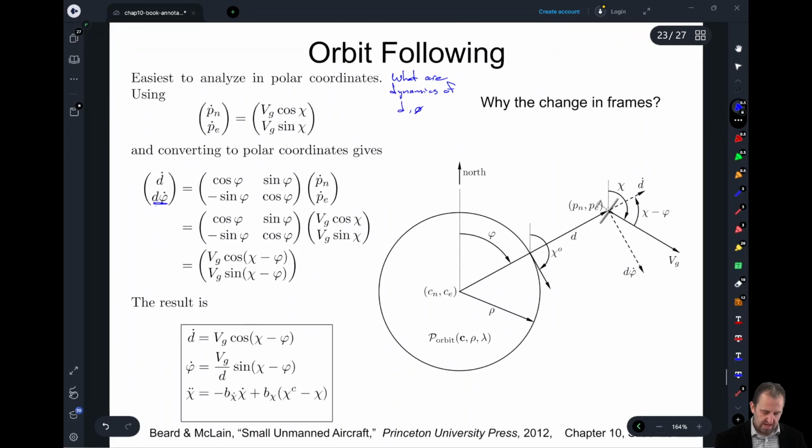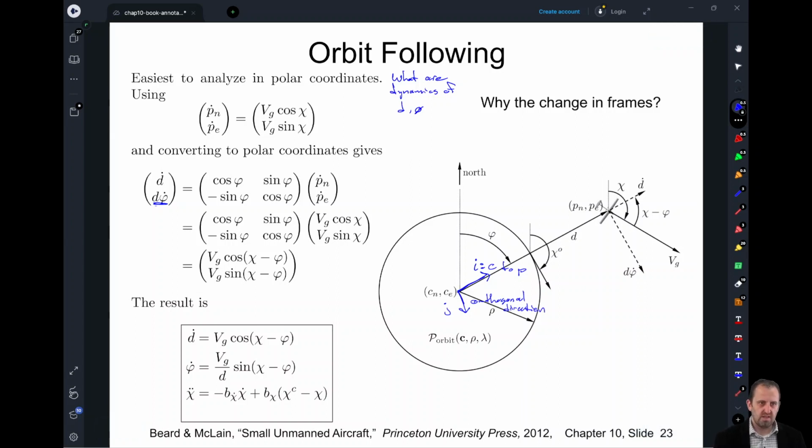So if we have a new frame of reference where we let our i be pointed from C to P, so it's going to be in the direction of C to P, and then J would be in the orthogonal direction. We're going to make this transform. We're just going to do a rotation about the z-axis by phi.